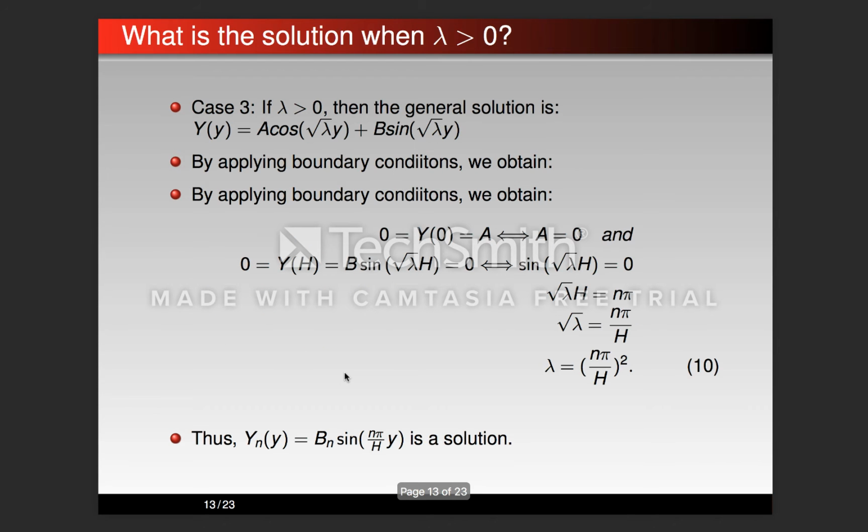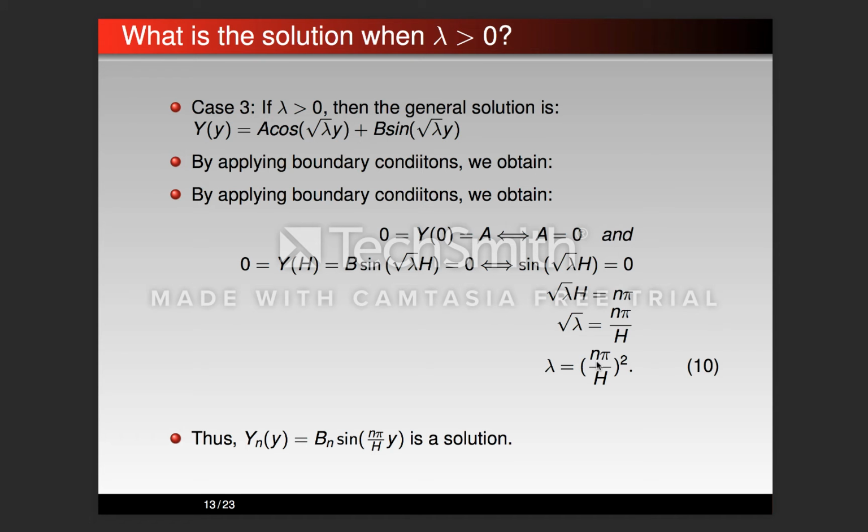So now we proceed to the last case where lambda is greater than 0. Then the general solution is given by y of y equals a cos square root lambda y plus b sine square root lambda y. So by applying boundary condition y of 0 equals 0, we have a equals 0, and applying y of h equals 0, we get b sine of root lambda h equals 0.